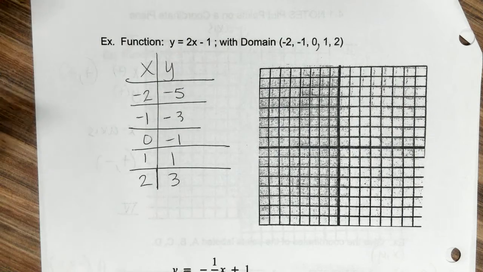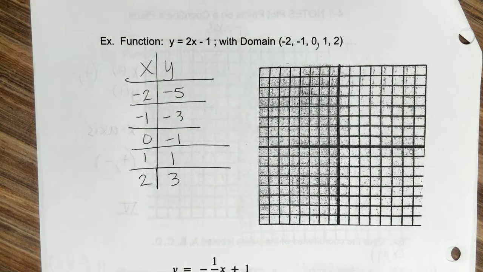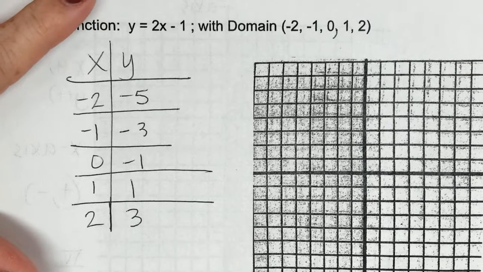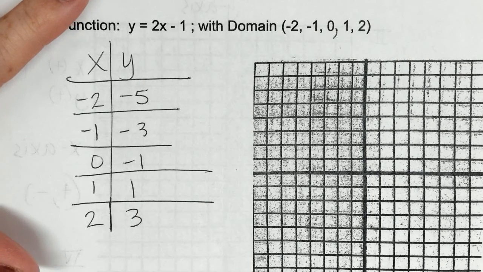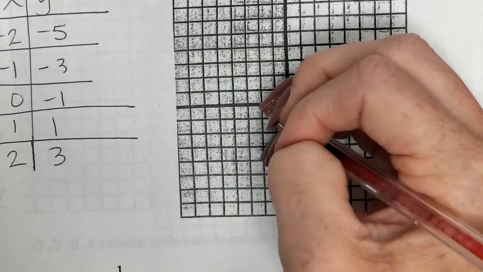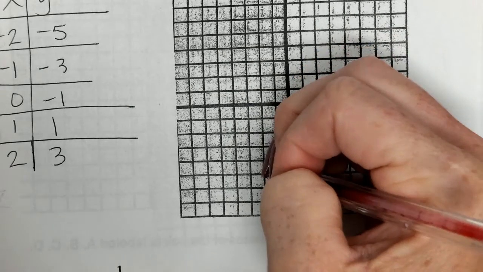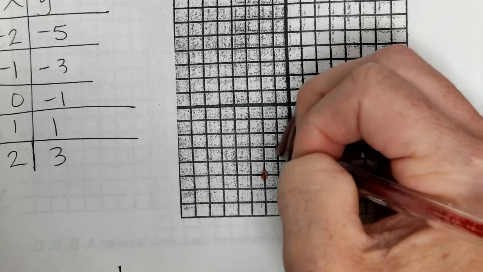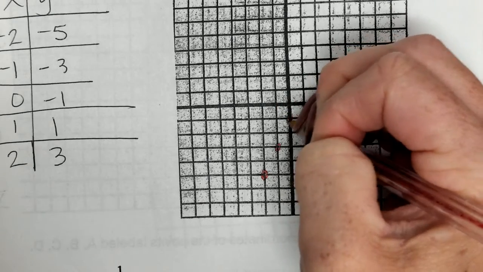All right, did everybody get what I got? All right, now you go graph those points. All right, here's -2, -1, 2, 3, 4, 5. -1, 1, 2, 3. 0, -1.